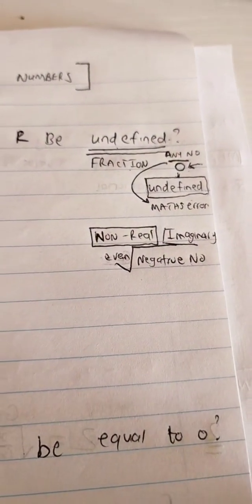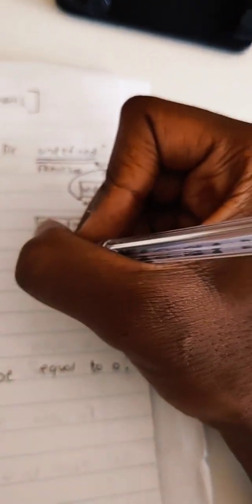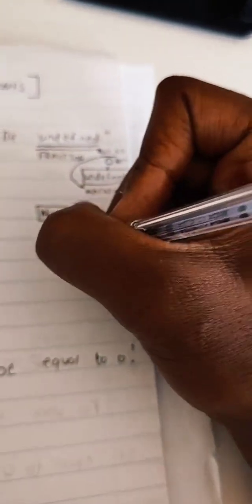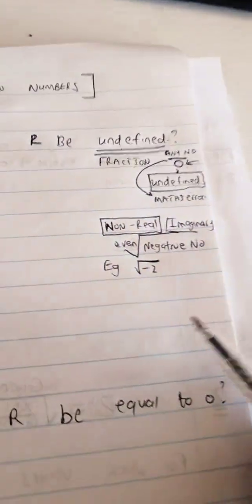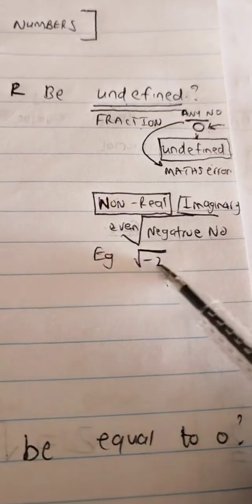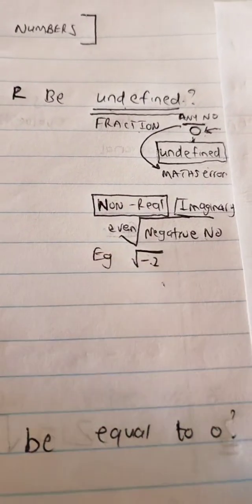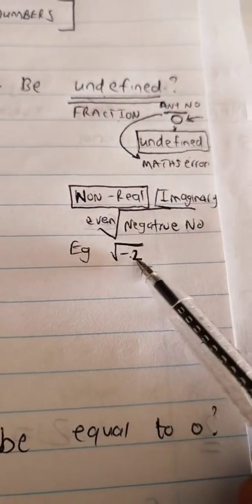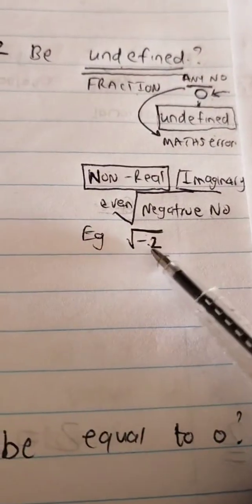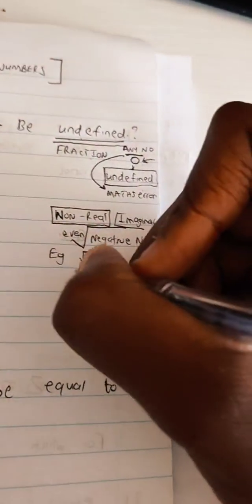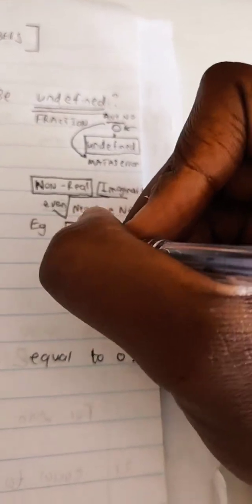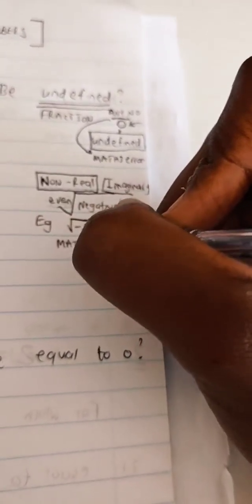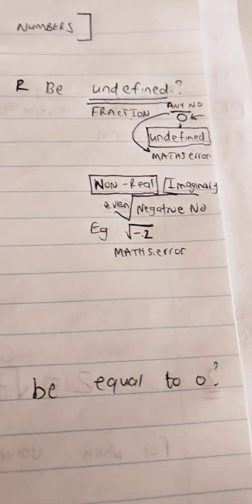So for example, if you took the square root of -2 and put it in your scientific calculator, you will get an answer. Because this is an even root with a negative number inside, you will get from your calculator the following: maths error.